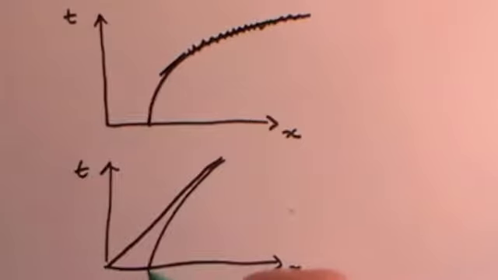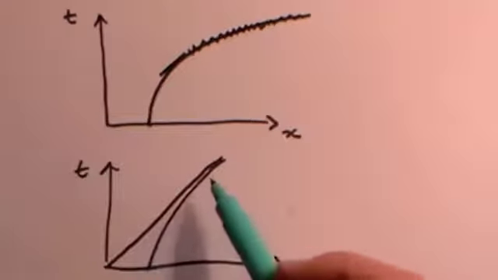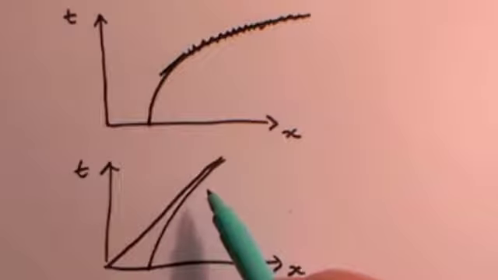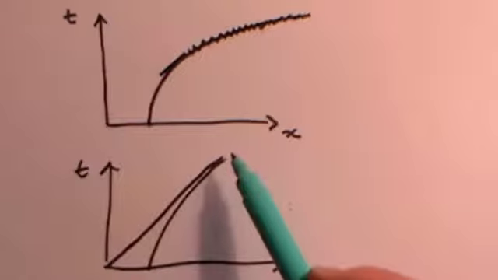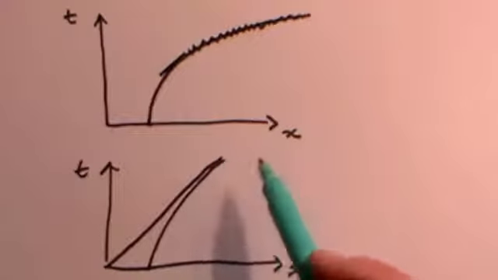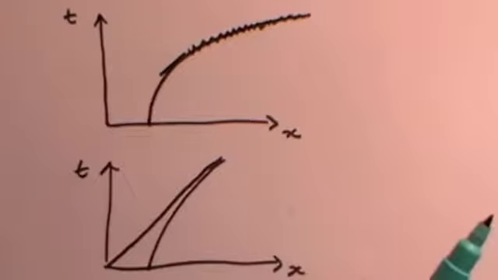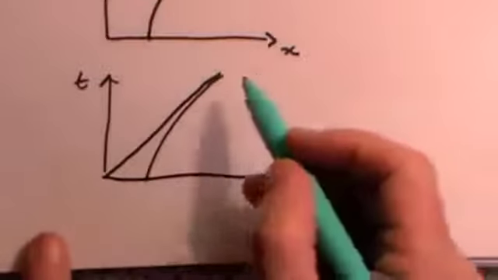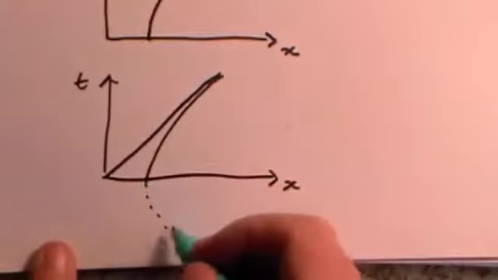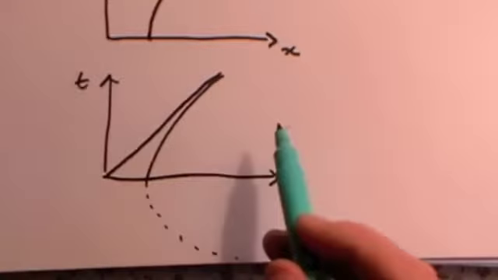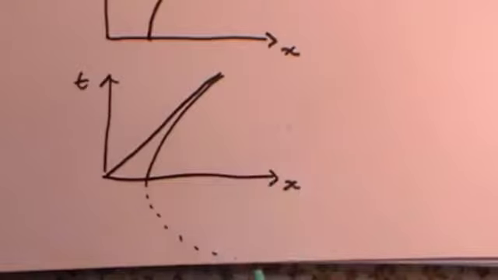So you accelerate, you get progressively faster, but you never reach the speed of light. You continue to get faster and faster by infinitesimal amounts, and you're asymptotically approaching the speed of light. And this curve here, I could, for example, draw the other side of it. This curve is called a hyperbola.